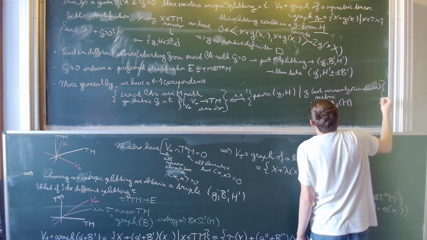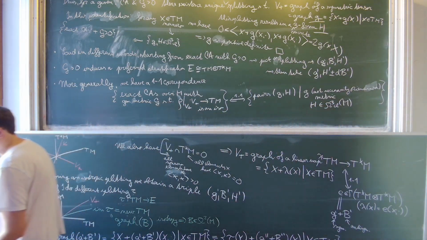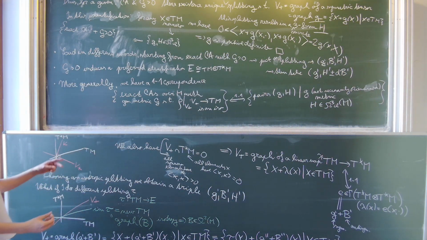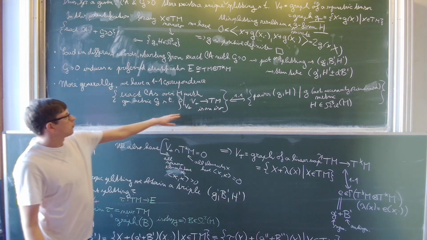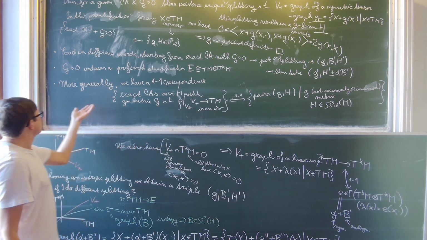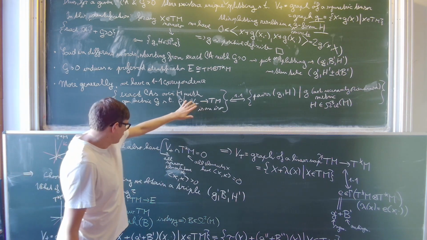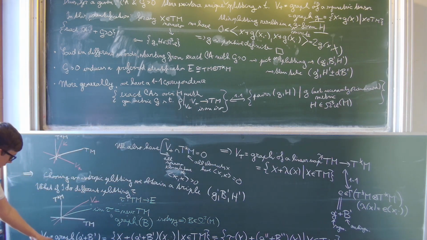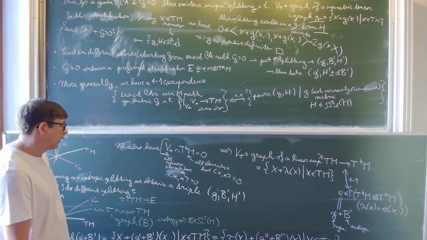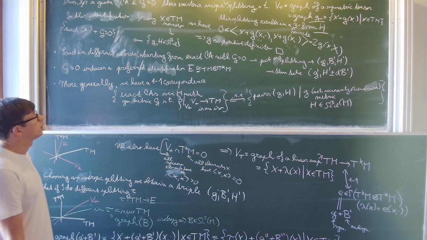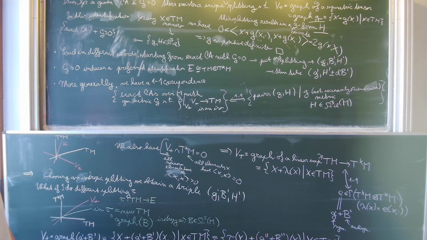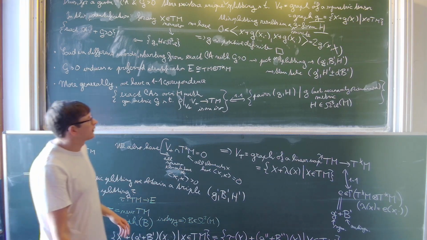This is important for real world applications, like in Lorentz geometry. This new condition is not as nice as G being positive, but it is the condition that ensures this works. Namely, if I choose any splitting, V plus will be a graph of something, and in this way we can get Lorentz metrics and other things.